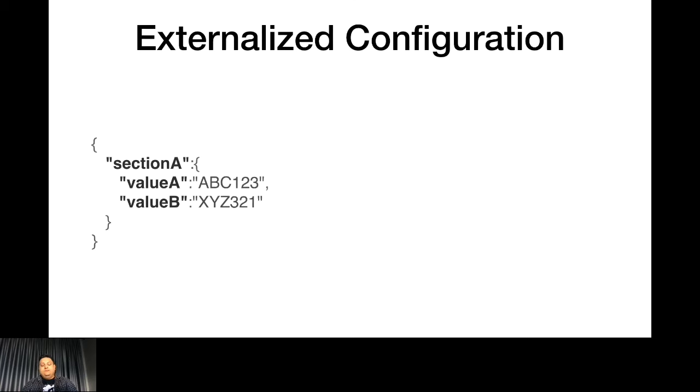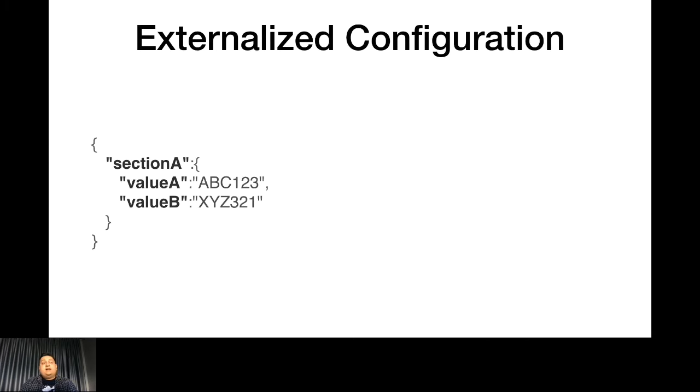So if we are setting up our microservice on our infrastructure, then only on the setup level are we passing the configuration file to the microservice, but nothing in our microservice itself is hard-coded. And I will go to one example later.